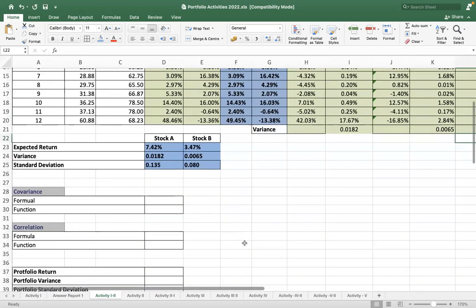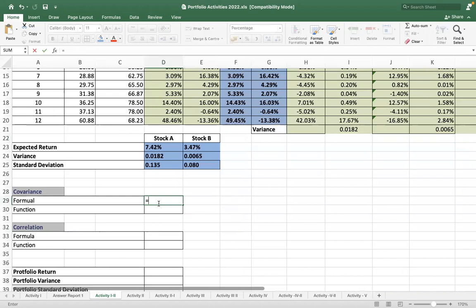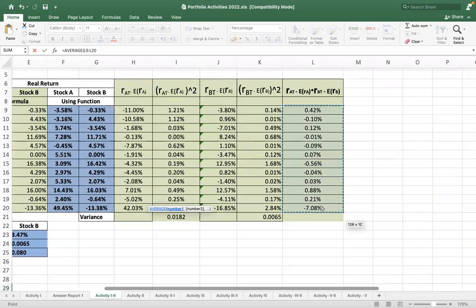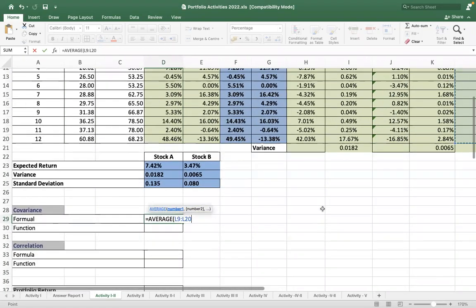So then covariance is the average of this column, the average of these differences. It's 0.005.